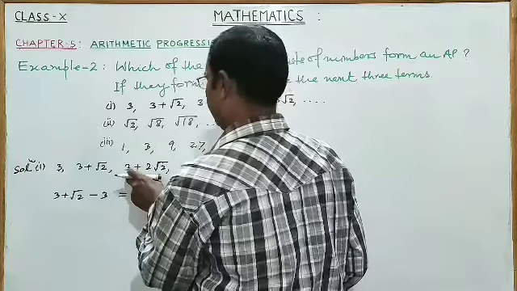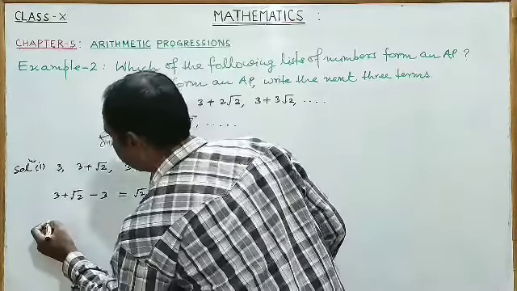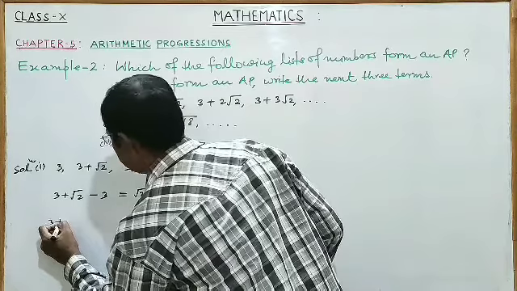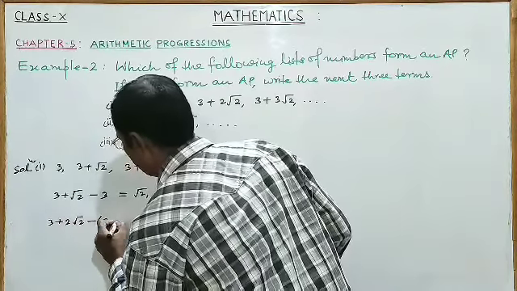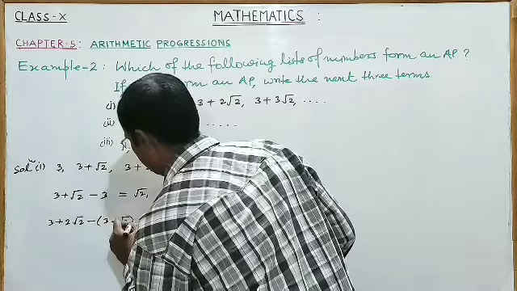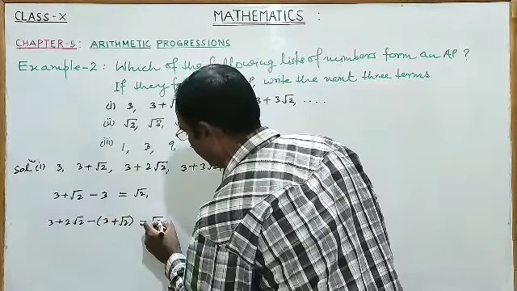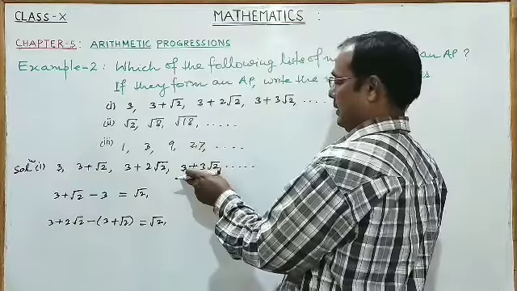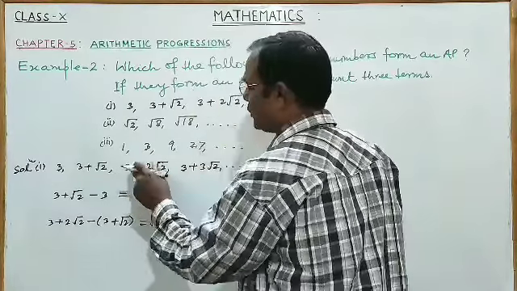And third term minus second term, 3 plus 2 root 2 minus (3 plus root 2), is equal to again root 2.